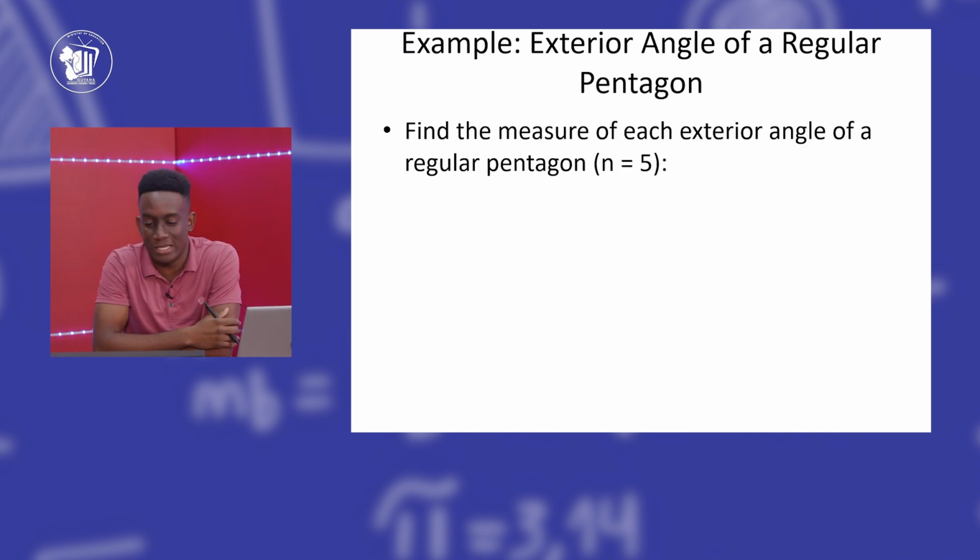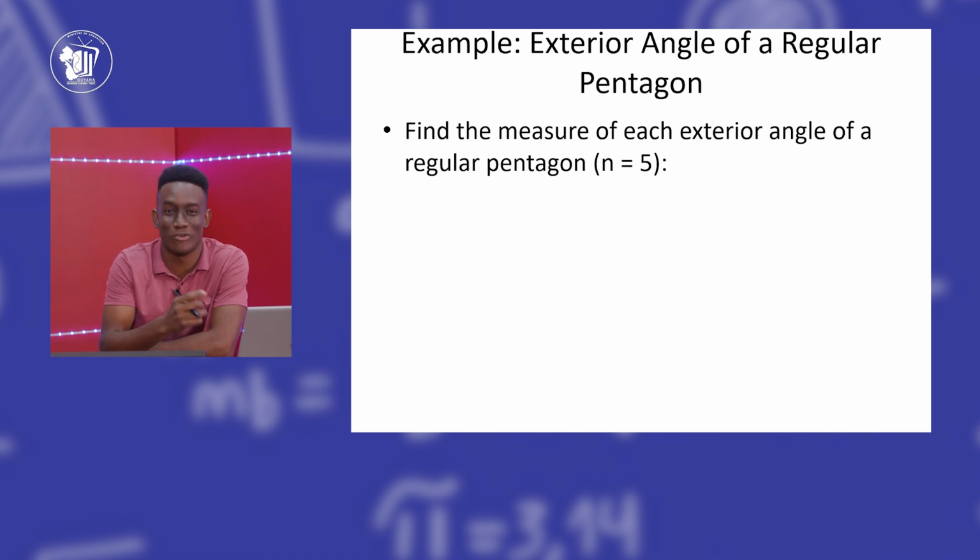So let's look at a simple example. Find the measure of each exterior angle of a regular pentagon. I've been using the words exterior and external interchangeably. External means outside, exterior means outside.